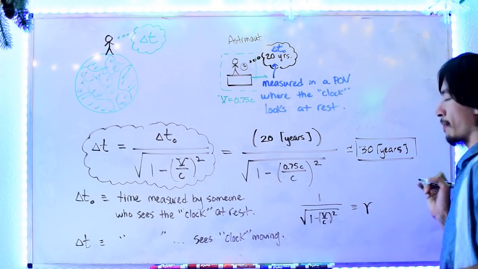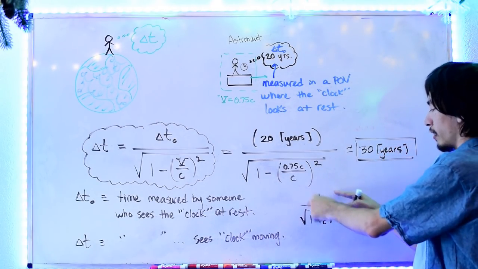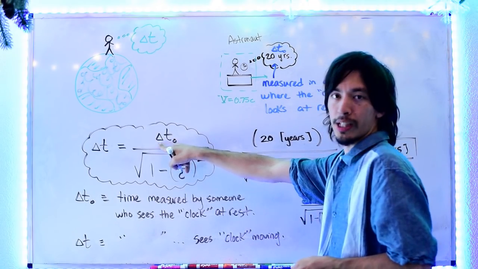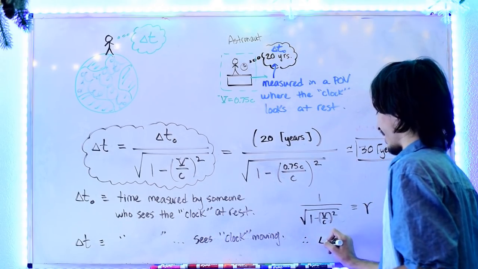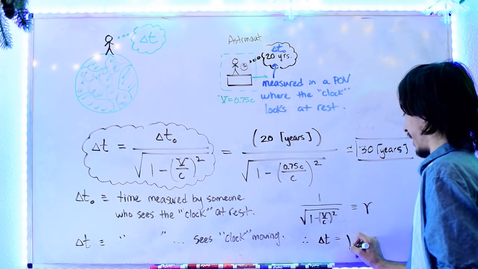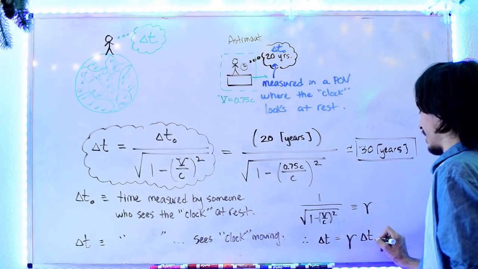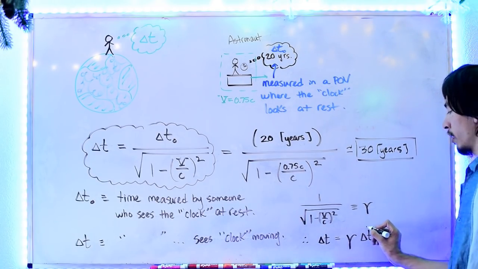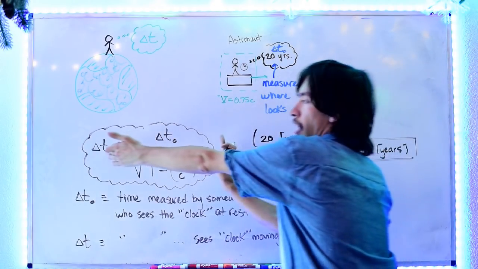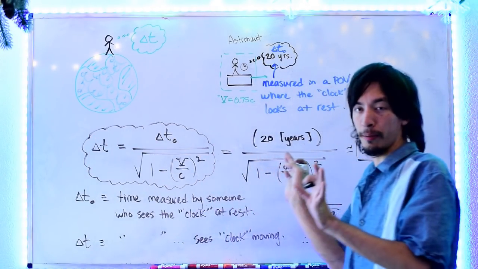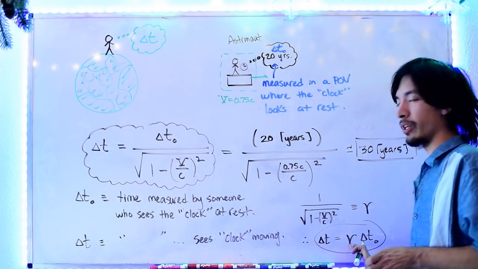If you multiply this gamma by delta t naught, it'll be the same thing. So in other words, delta t is equal to gamma times t naught. This is the shortened version of this equation here. It's the same thing, but written with gamma.